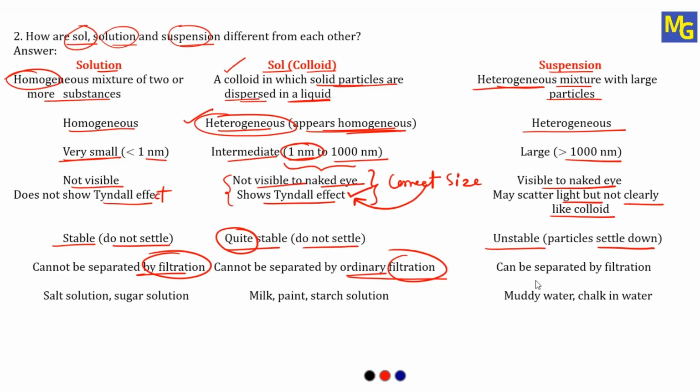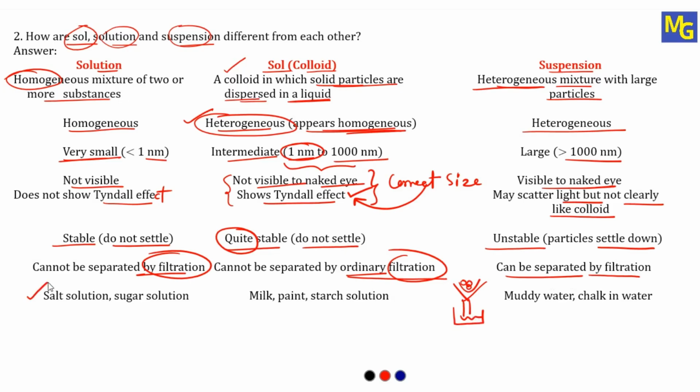In case of suspension, it can be separated by filtration. Here the particles are so big that when we pour the mixture onto the filter paper in the funnel, the particles stay on the filter paper and the filtrate comes down into the beaker. So this was about filtration.